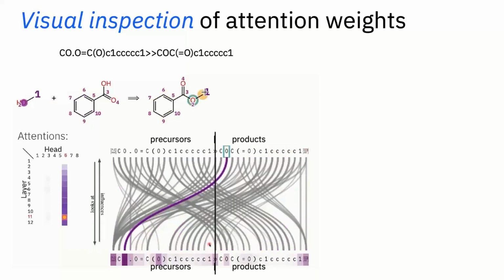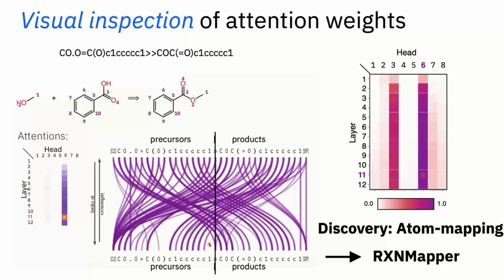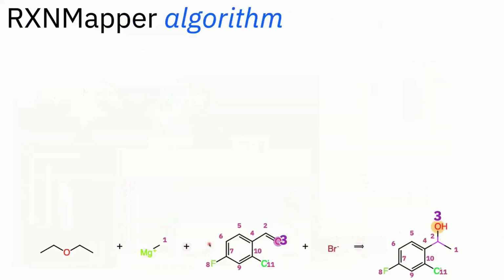And if you remember the start of my presentation, then atom mapping should already be a thing for you. Indeed, the exciting thing here is that subparts of those transformer models automatically learned atom mapping without being told to do so. So in an unsupervised way, and we use this signal to build Reactionmapper.